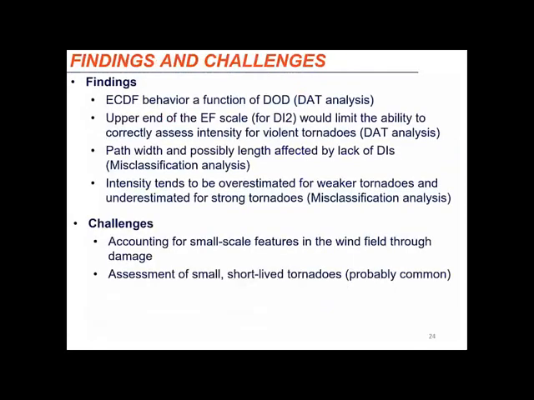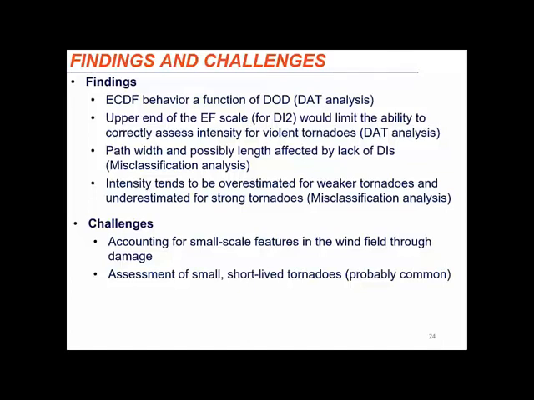And so some findings and some challenges here. From the data analysis, we find two major findings. It's probably not surprising. One is that this empirical cumulative distribution is really a function of DOD and changes as the DODs increase. And then the upper end of the EF scale, at least for DI2, would really limit the ability to correctly assess intensity, especially for violent tornadoes.